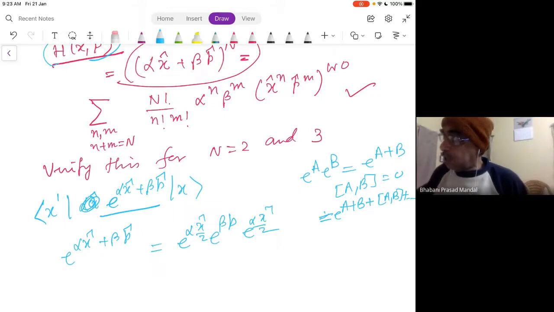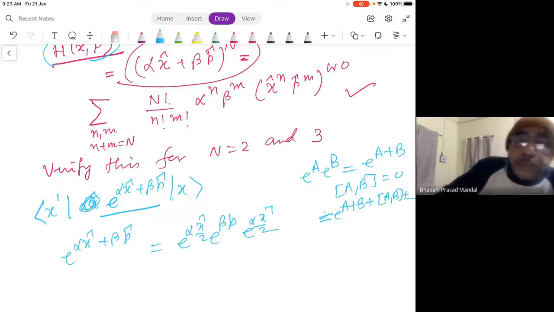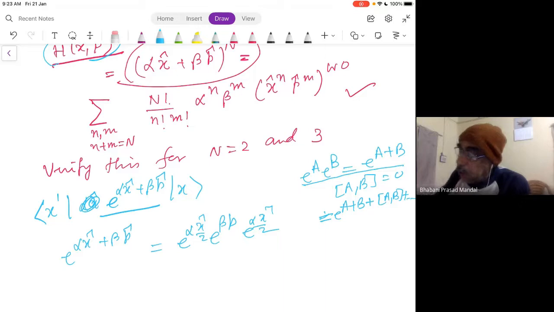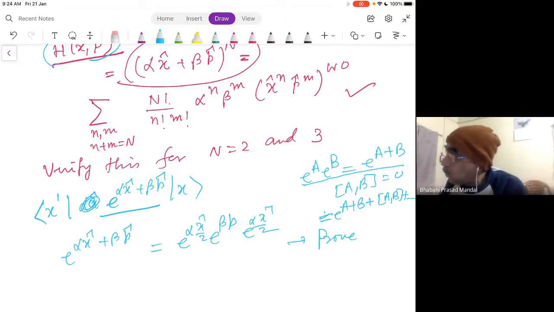This formula is useful to solve many operator problems in quantum mechanics, which are also asked in NET, JEST, GATE exams. People generally make the mistake that e to the power a times e to the power b is not e to the power a plus b. You can verify here that it proves this using Baker-Hausdorff. It is very straightforward, a one or two line proof.